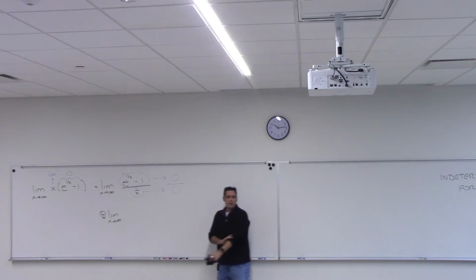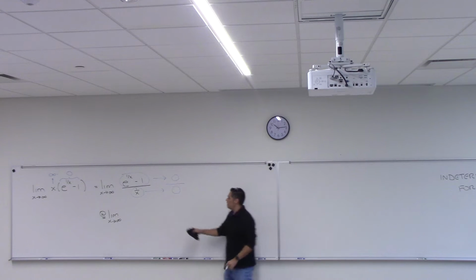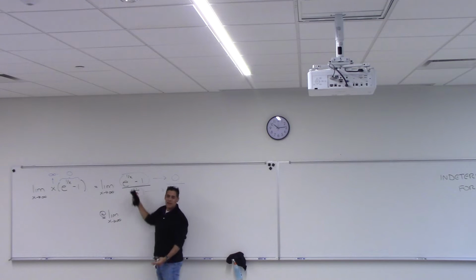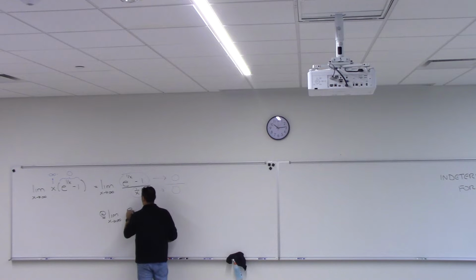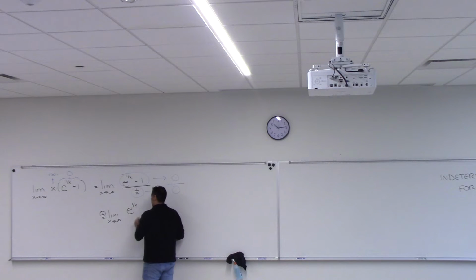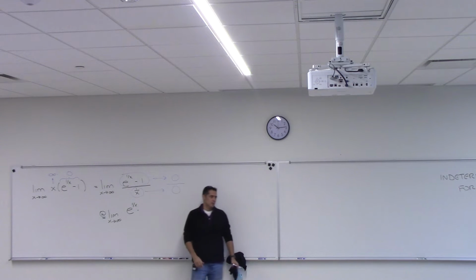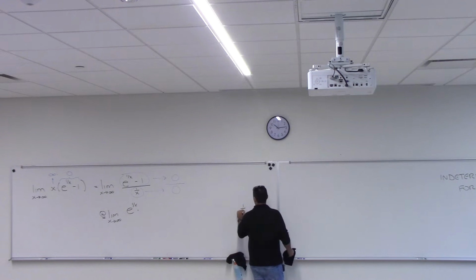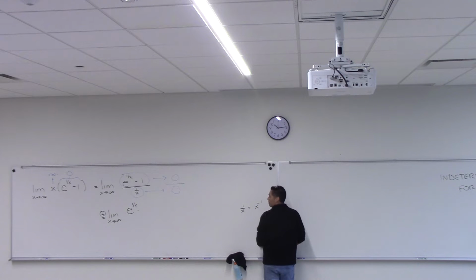So be real careful here. What's the derivative of e raised to anything? Itself first, right? So e to the whatever was up there, 1 over x. But then chain rule says now times the derivative of what's up here. And remember, 1 over x is really x to the negative 1, right?